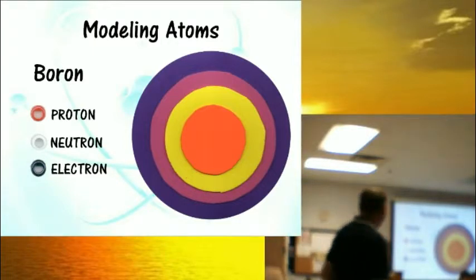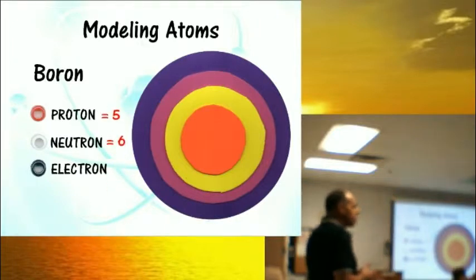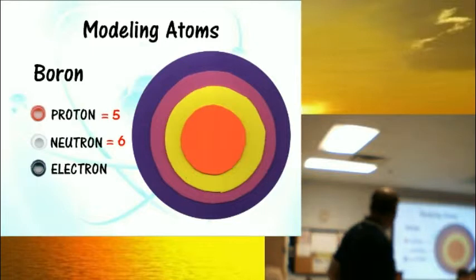This is the way it should have been built. We have 5 protons, 6 neutrons. Again, if you didn't know how to get 6 neutrons, you look at the box in the periodic table, you take 10.8, you round it to 11, 11 minus 5 is 6, and we have 5 electrons.